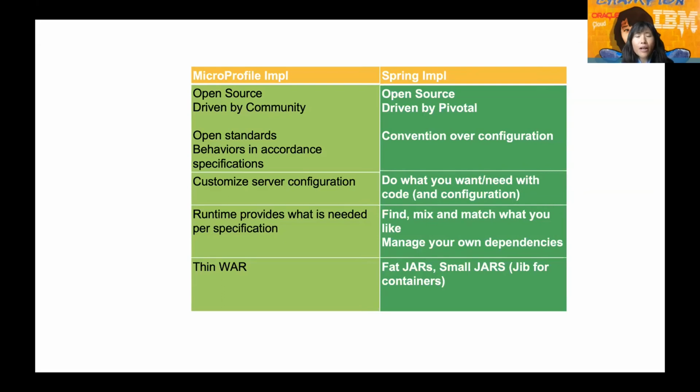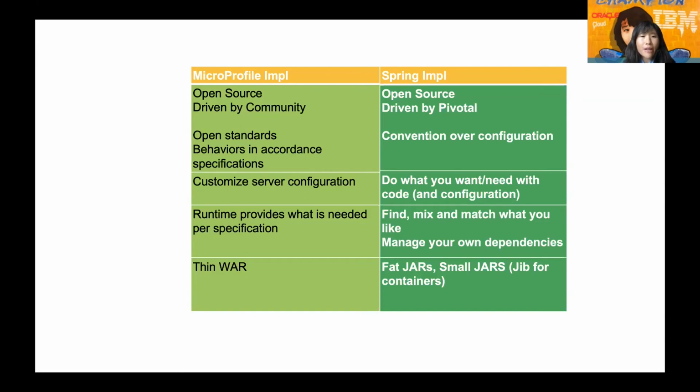Having said that, Quarkus also supports some of the Spring APIs, but does not use the Spring implementation. It has its own implementation. So Quarkus supports full MicroProfile, plus some partial Spring APIs.